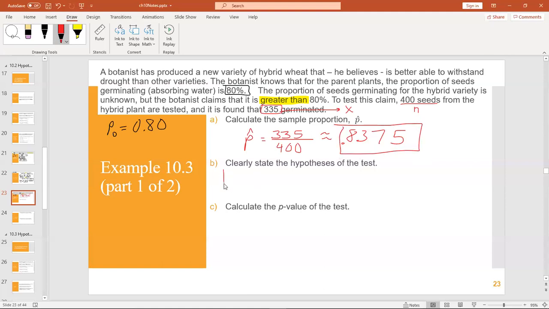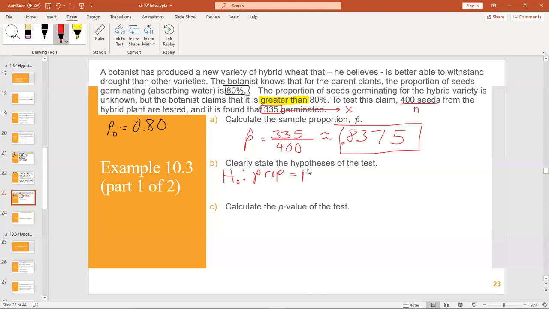Clearly state the hypotheses. Again, that means something very specific in statistics. Don't write me a novel just rehashing what's in the scenario. All right, H0: the proportion equals P0.